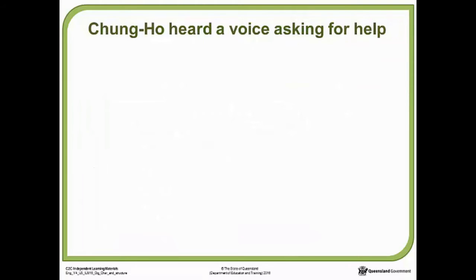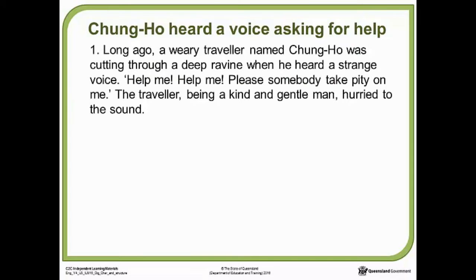Let's have a look at one of these events. Let's have a look at when Chung Ho heard a voice asking for help and how the author has developed characters in this section of the text. Long ago, a weary traveller named Chung Ho was cutting through a deep ravine when he heard a strange voice. "Help me! Help me! Please, somebody take pity on me!"